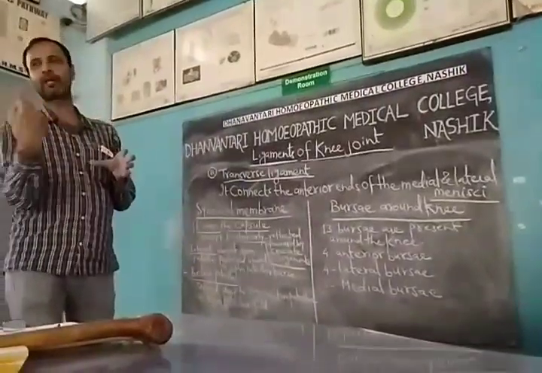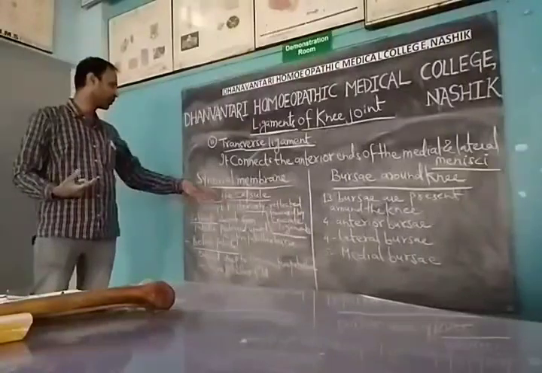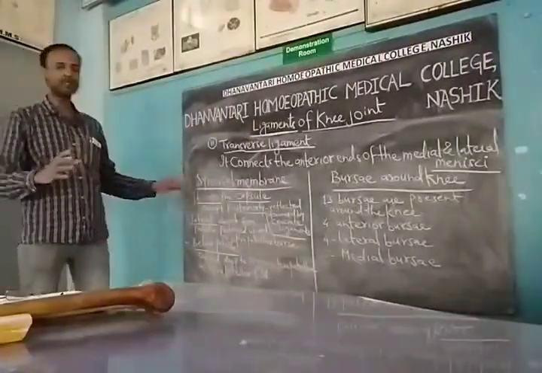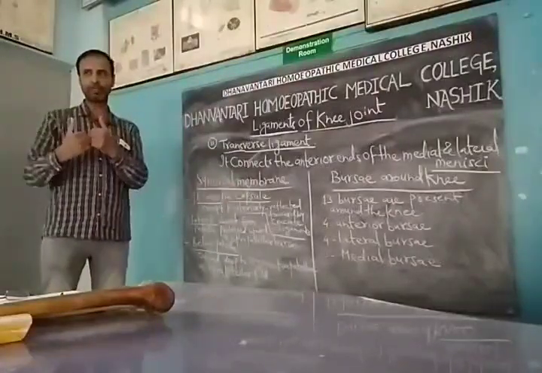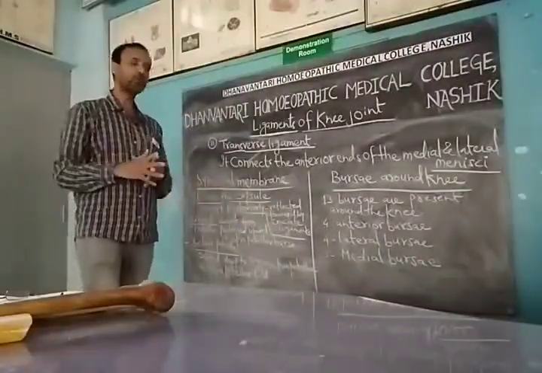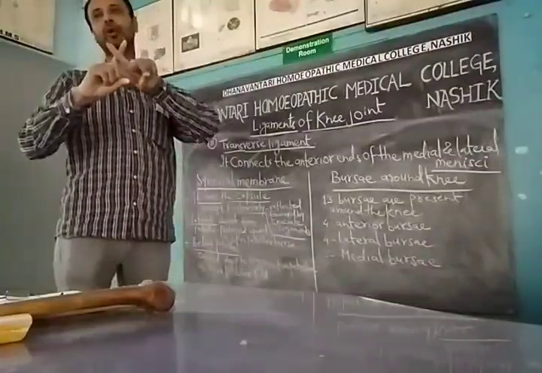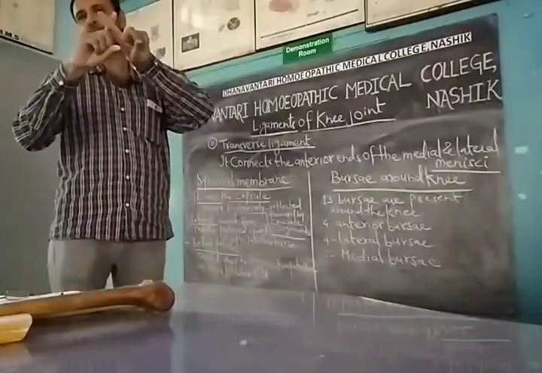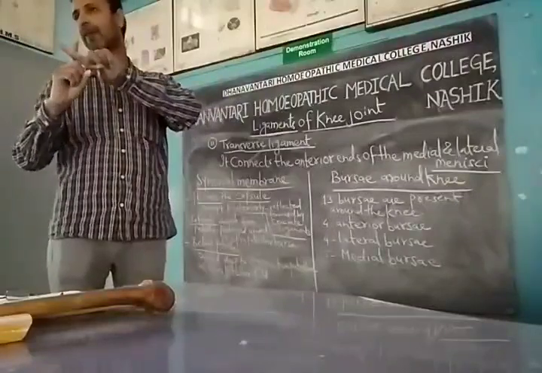In the posterior part of the joint, at the capsule, it is reflected forward over the cruciate ligaments. As I have shown in the diagram, the two cruciate ligaments lie in the middle, in the intercondylar area of the femur, so they are covered totally by synovial membrane within the synovial cavity.